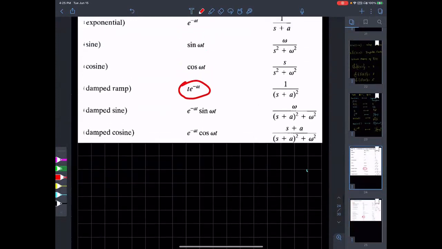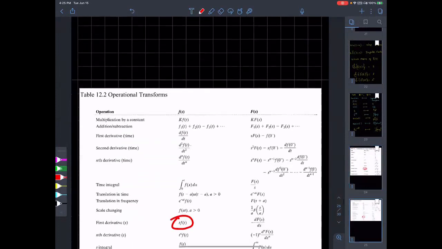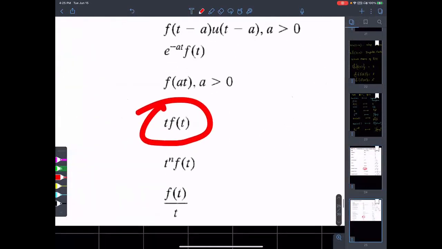Okay, you know the Laplace transform of t e to the minus at, and then you also know the Laplace transform of t times a function.